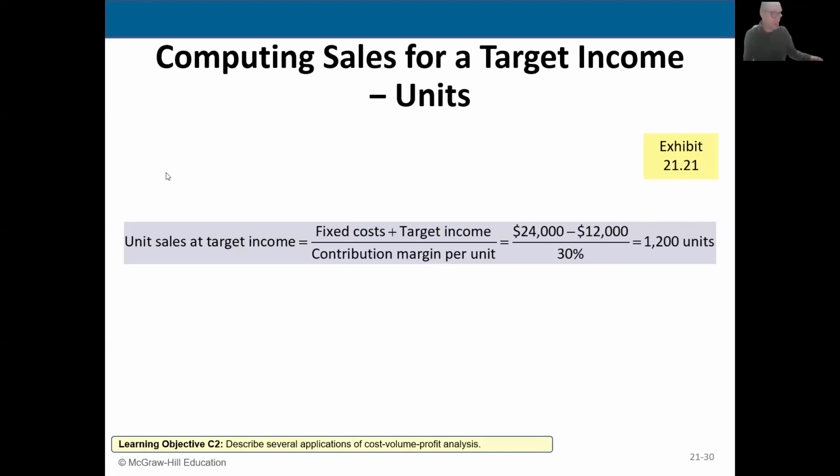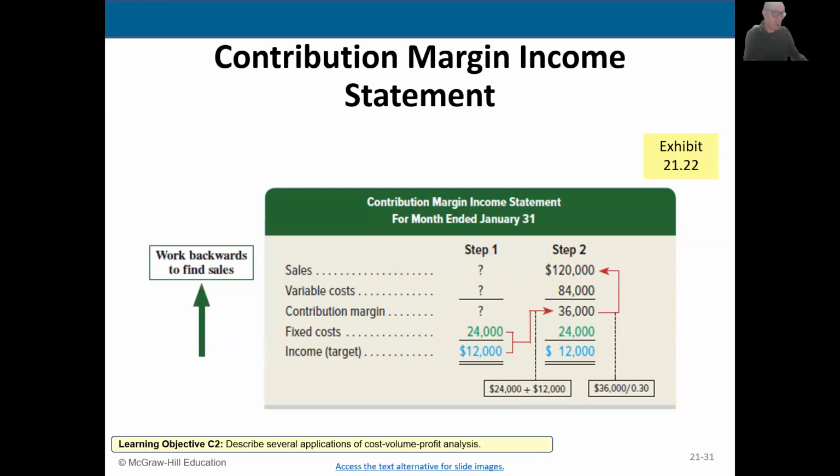And then, of course, you can also figure this out by working backwards on your income statement. My target income is 12,000. I know that my fixed costs are 24,000. Target income of 12,000 plus $24,000 of fixed costs gives me a contribution margin of 36,000.